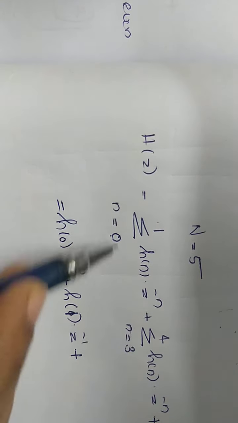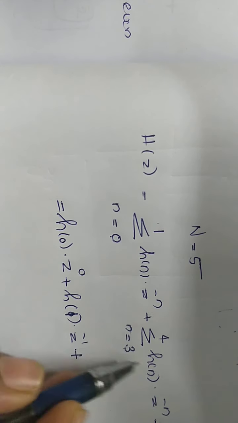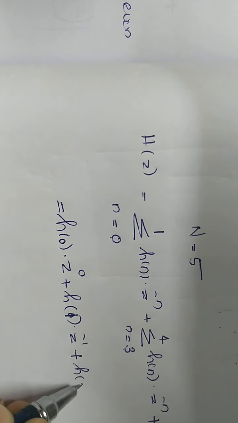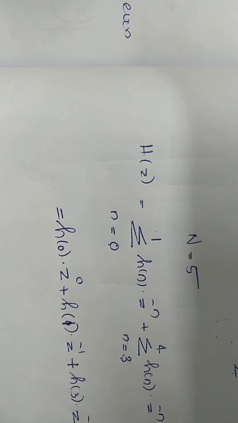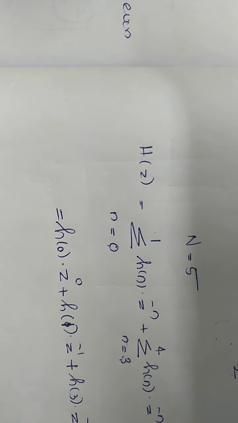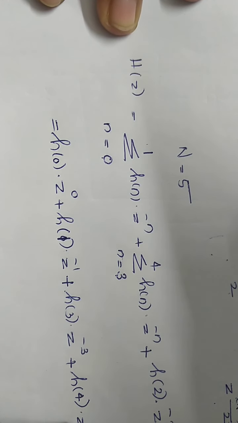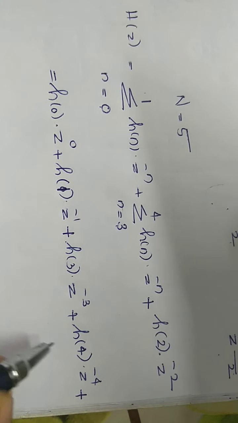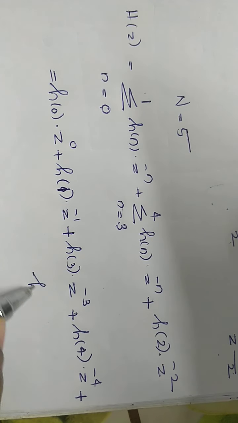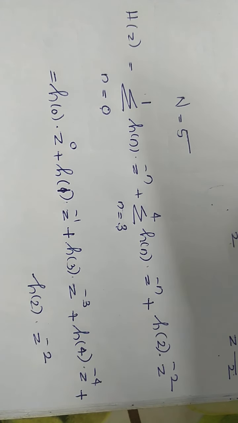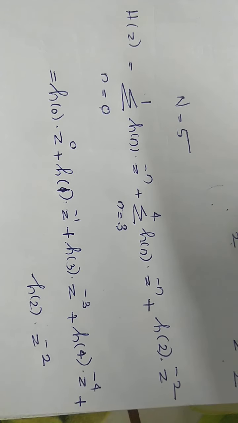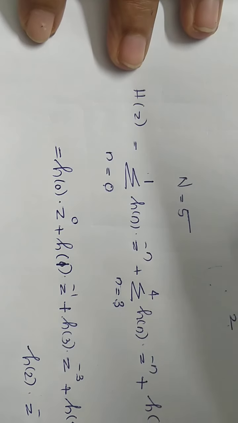So this term is over. Now consider n is equal to 3 and 4, that is h of 3 z raised to minus 3 plus h of 4 z raised to minus 4, plus the next term h of 2 z raised to minus 2. Okay, so these are the terms we got.